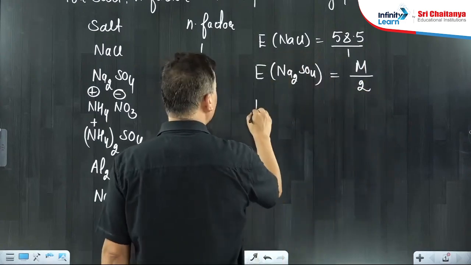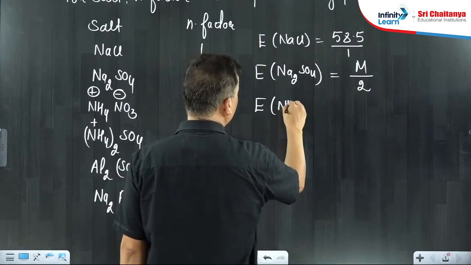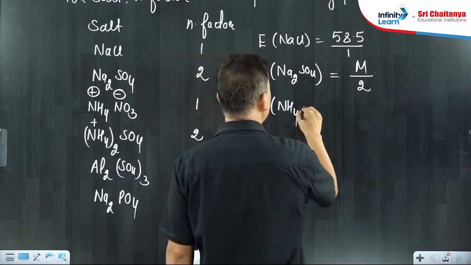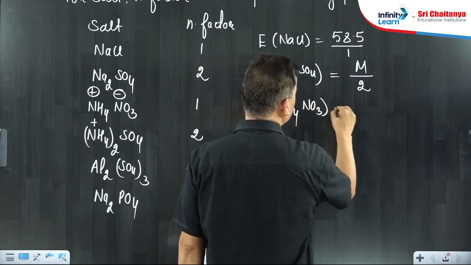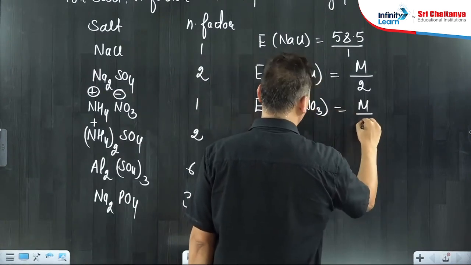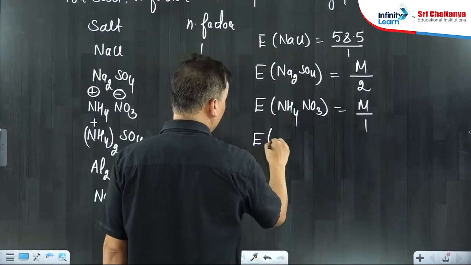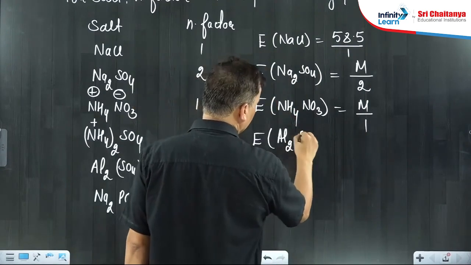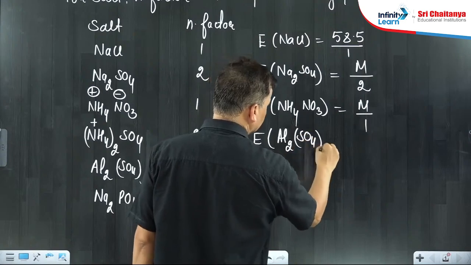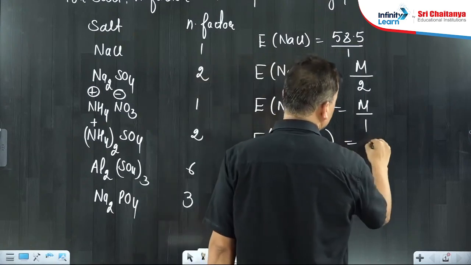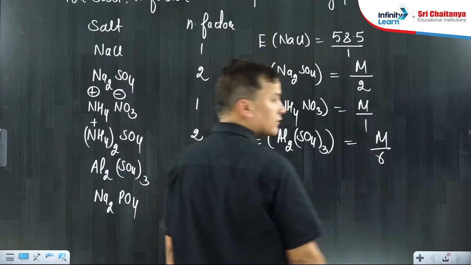Equivalent weight of ammonium nitrate, NH4NO3, is equal to its molar mass upon 1. Equivalent weight of aluminium sulfate, Al2(SO4)3, is equal to its molar mass upon 6.